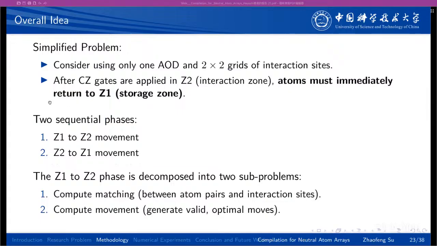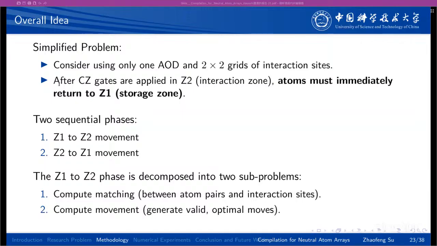So our overall idea is like this. We first simplified the problem in two aspects. First, we consider using only one AOD in the experiment, and for the sites in the entanglement zone, we only consider 2x2 grids for the sites.